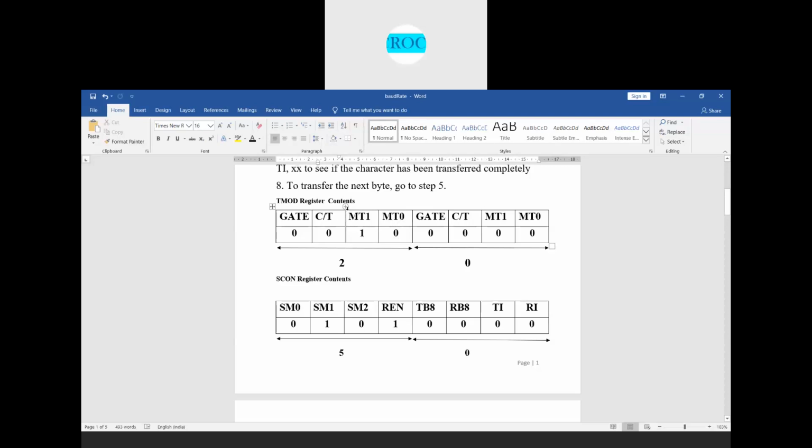Since we use timer 1 in mode 2 to set the baud rate, M1 is set to 1 and M0 is set to 0, so we have 0010, which is 2, and 0000, which is 0. So the TMOD register is loaded with the value 20H, so that timer 1 is selected and operates in mode 2.